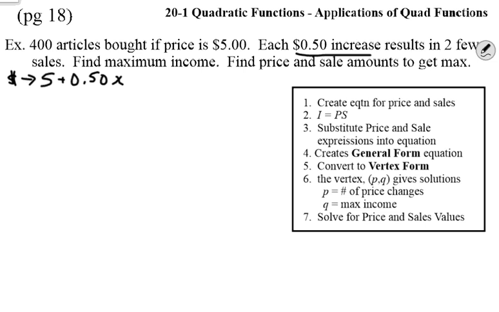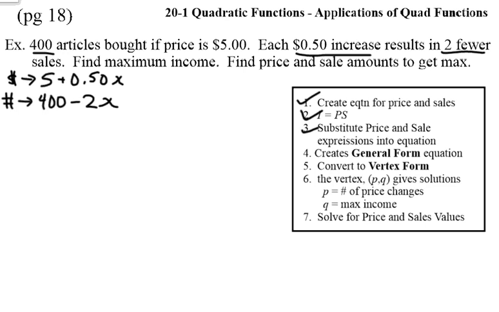From there, what's the number of sales? We know the number of sales is 400, but we are going to have 2 fewer sales every time they increase the price, which we don't know exactly how many it is. There's our equation for sales.